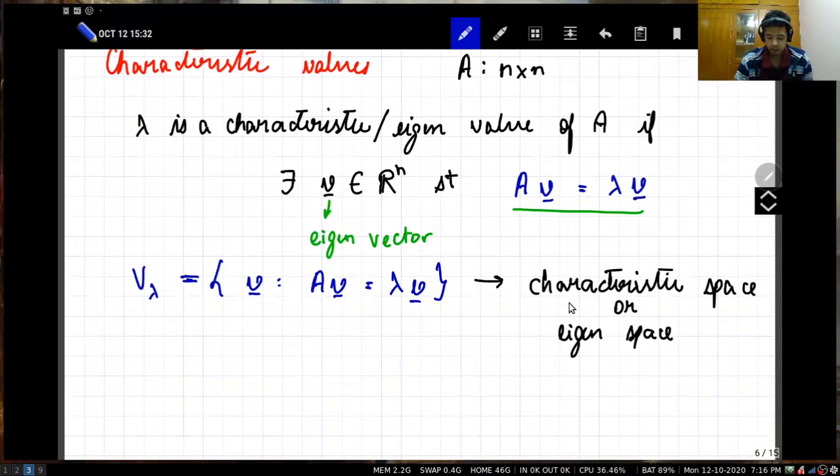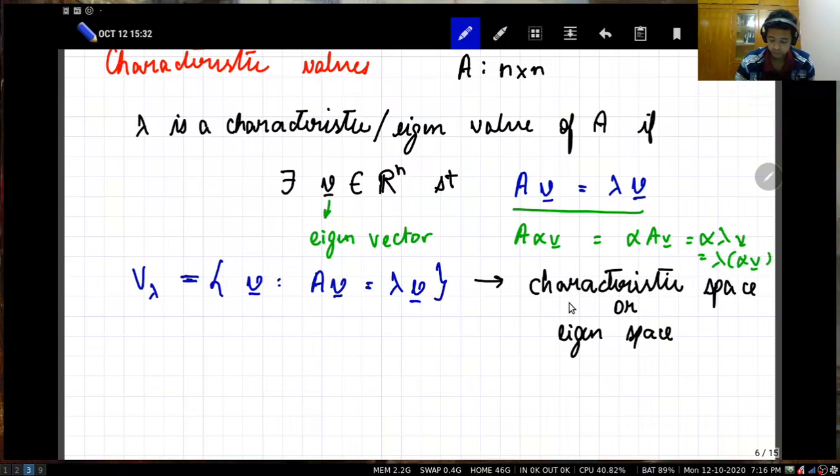And for a given eigenvalue, an eigenvector need not be unique, because obviously if V is an eigenvector, then alpha times V is also an eigenvector, because A times alpha V is equal to alpha times AV, which is alpha lambda V, which is also equal to lambda times alpha V, right?